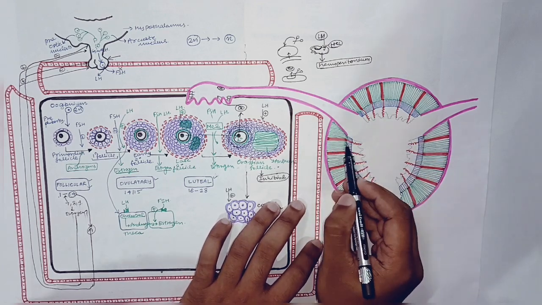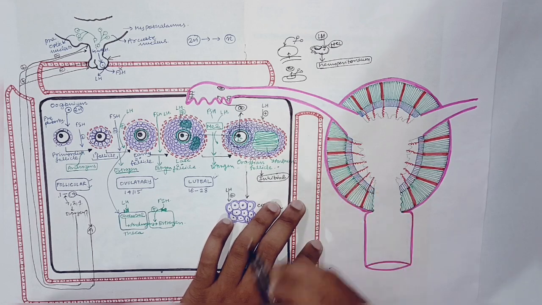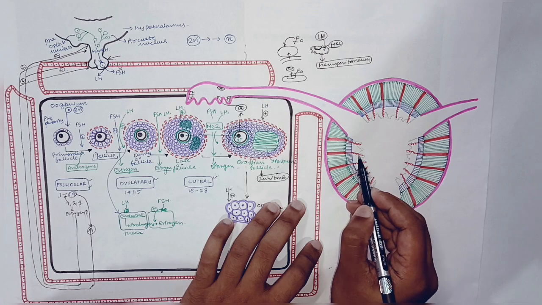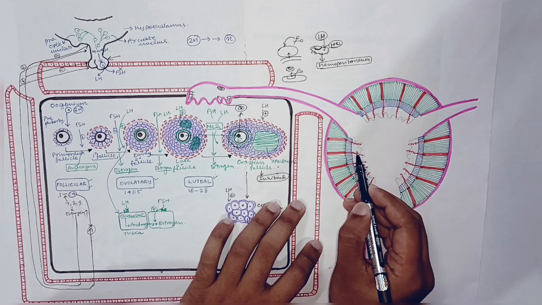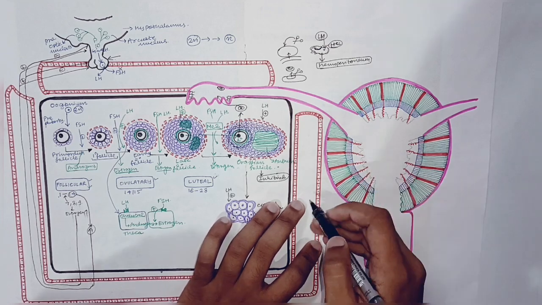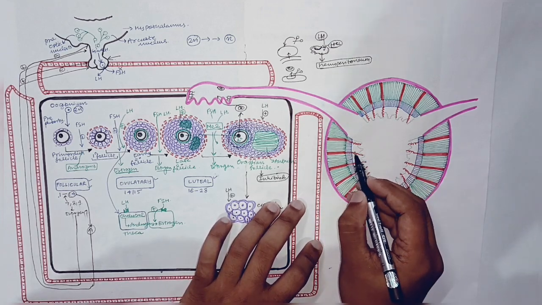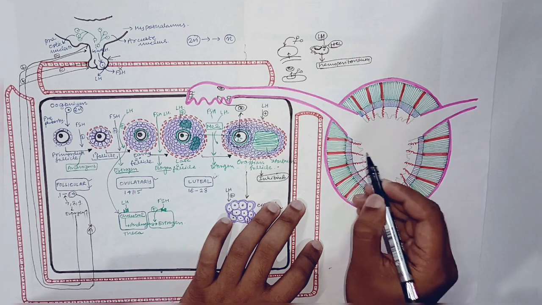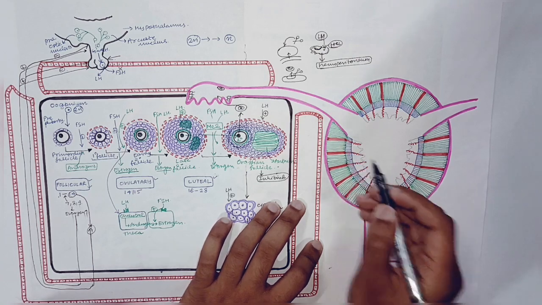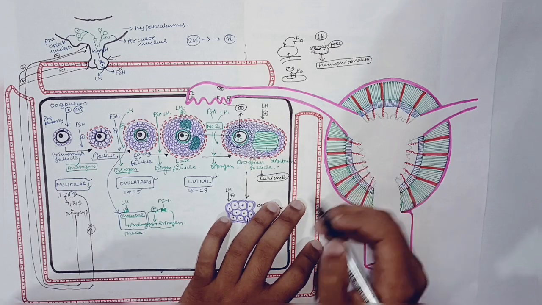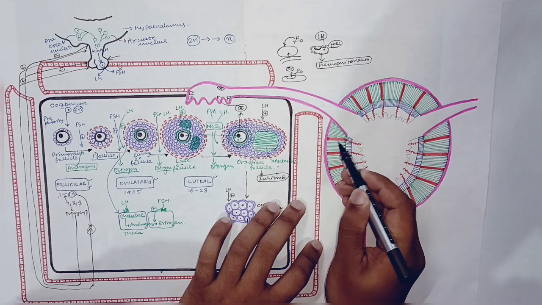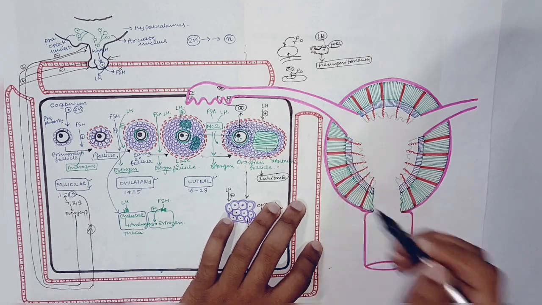This green portion is your myometrium, and this blue portion and this white portion with the coiled arteries, they combine to form the endometrium. This white portion is known as the stratum functionalis, and this blue portion is the stratum basalis. The outer portion of the myometrium is the perimetrium.